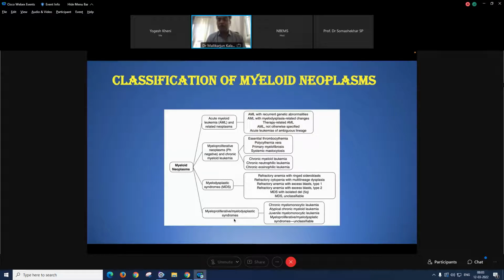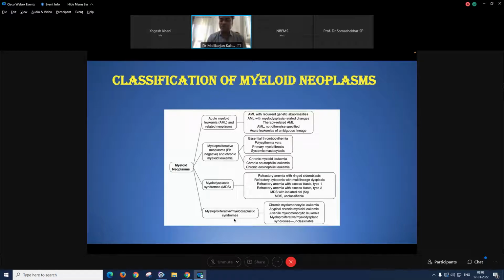In terms of myeloproliferative neoplasms, we divide them into classical and non-classical, and all myeloproliferative neoplasms largely are divided into Philadelphia positive and Philadelphia negative. And that is by a simple test wherein you look for a BCR-ABL translocation.